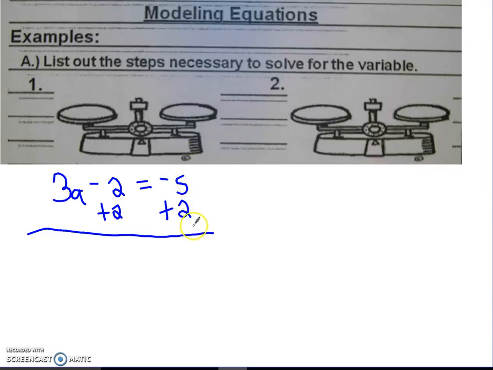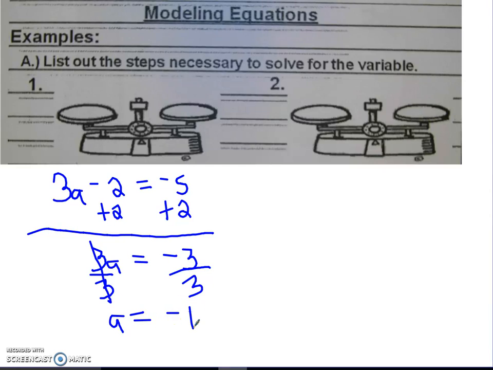Negative 5 plus positive 2 is negative 3. The 3 and the a are multiplying, the opposite is division. So we are going to divide. We're going to get a. Negative 3 divided by 3 is negative 1.